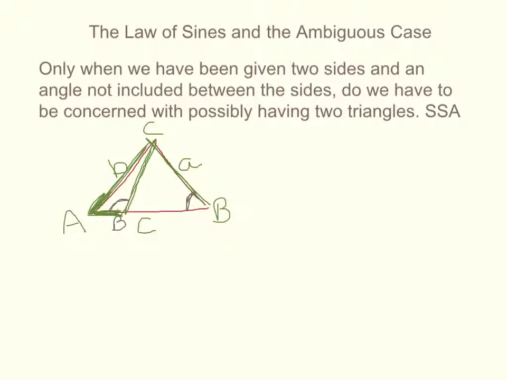Okay, so here's an example where we're given angle A as 49 degrees, side A is 12 feet, and side B is 15 feet. To use the law of sines, we must have a side and its corresponding angle.